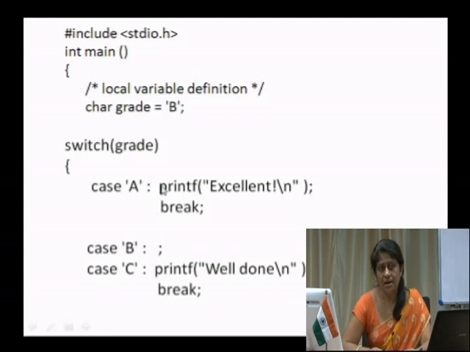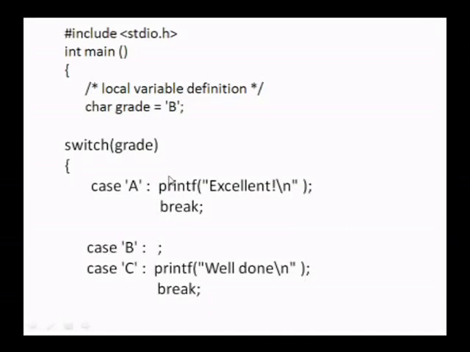So, let us look at a simple example which makes use of the switch statement. We have defined a variable called grade to be of character type, and we have also defined the value for it to be an uppercase B. Then we are using the switch statement where switch, and this is the expression over here. Now, this expression is just a literal which has a value already.